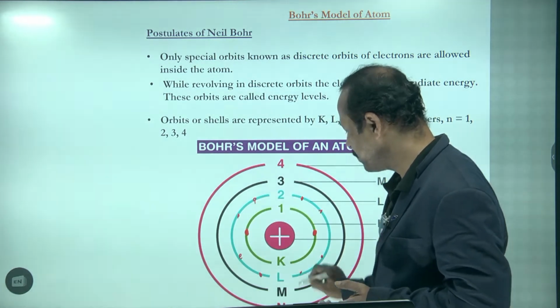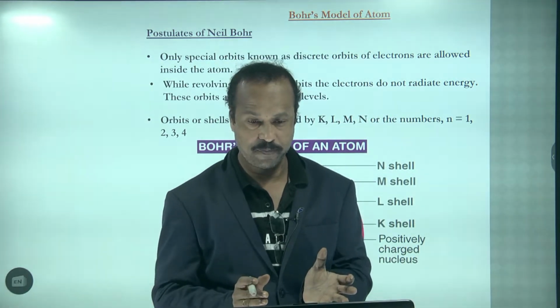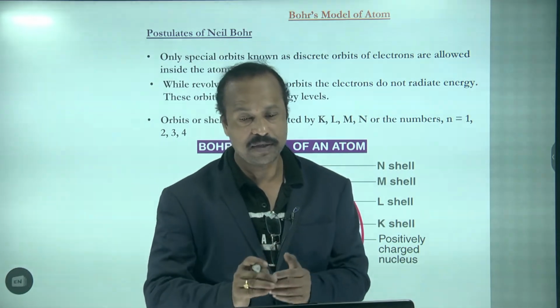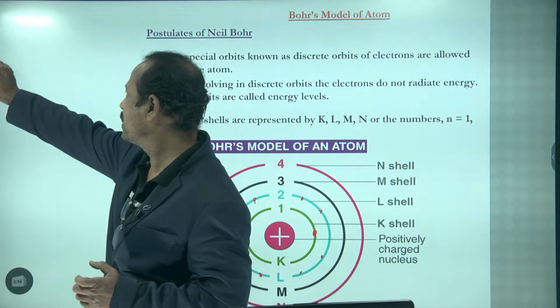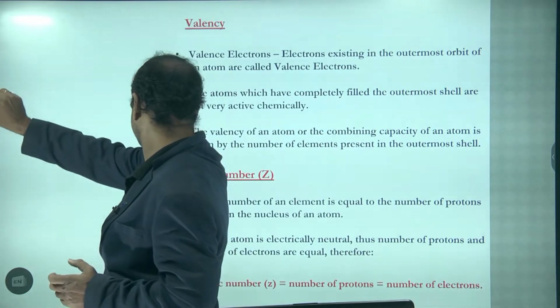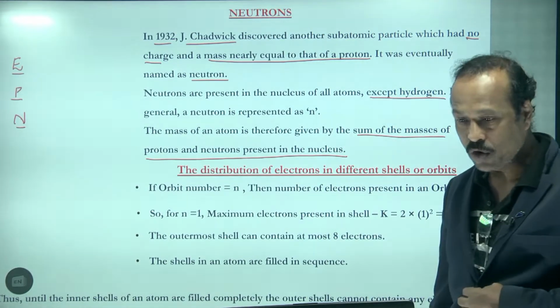So like this, all orbits cannot accommodate the same number of electrons. Different orbits can accommodate different numbers of electrons. The systematic distribution of electrons in the various orbits of an atom is called electronic configuration.